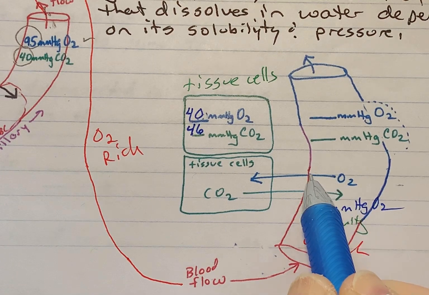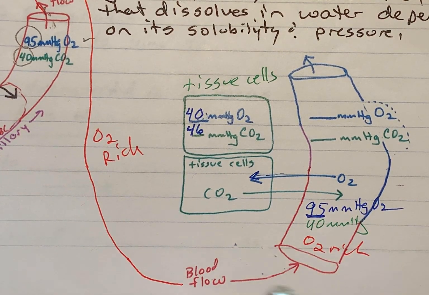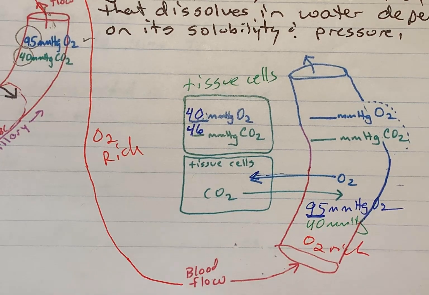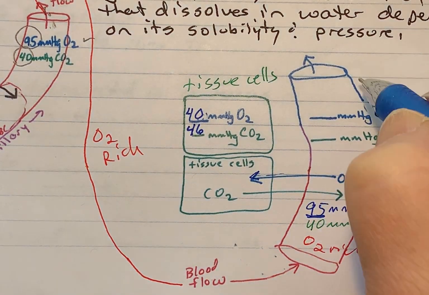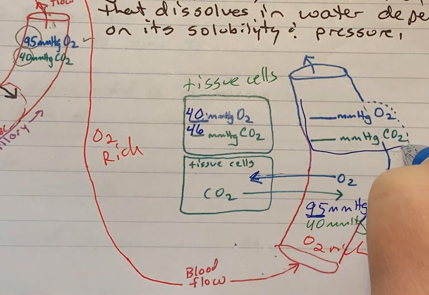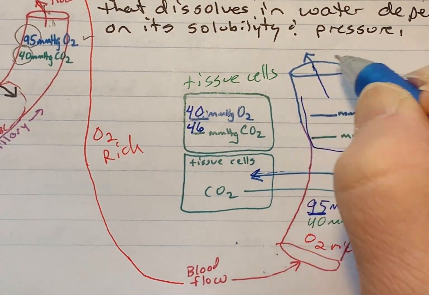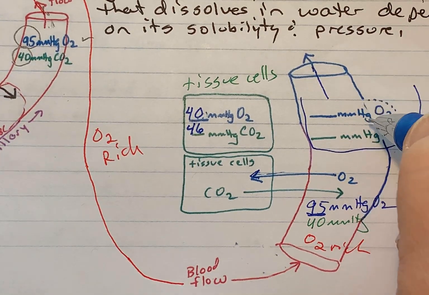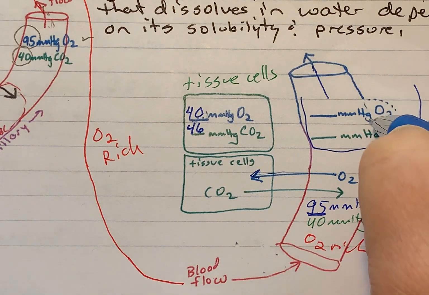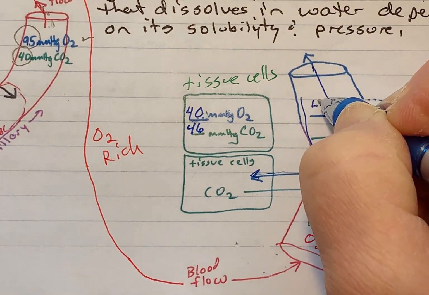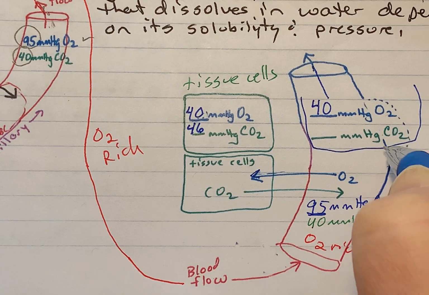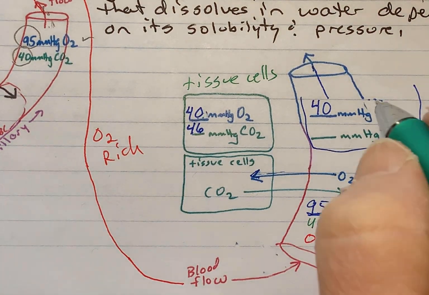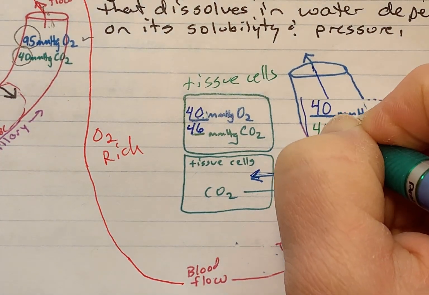The oxygen wants to come across, okay? The CO2 wants to get out, all right? So, great, they have gas exchange. Now, this blood right here has to head back to the lungs, okay? It's a cycle. So now, once this gas exchange happens, the blood is 40 millimeters of mercury of oxygen, and CO2 is 46.